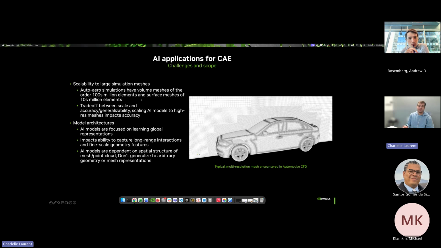Okay. So now, if we go back to this car aerodynamics example, there are some challenges. The challenge in terms of AI surrogates is that when you do simulation, your number of degrees of freedom will be from the tens of millions to the hundreds of millions, right?